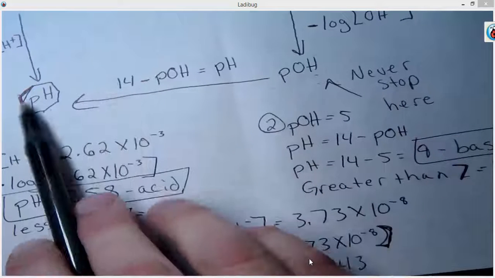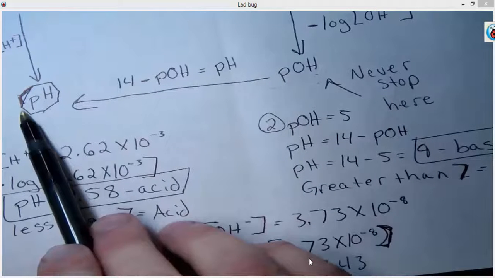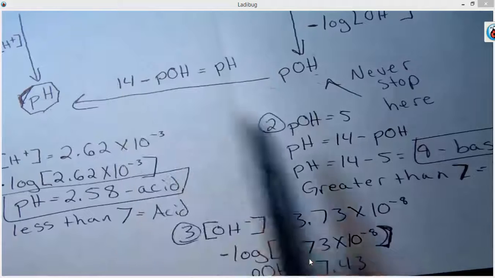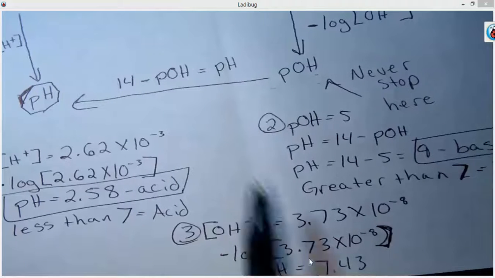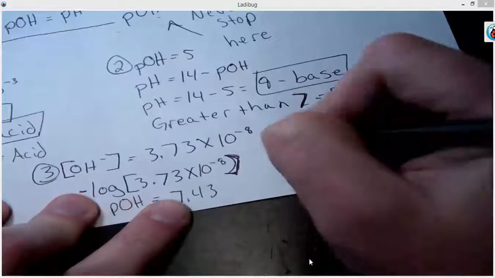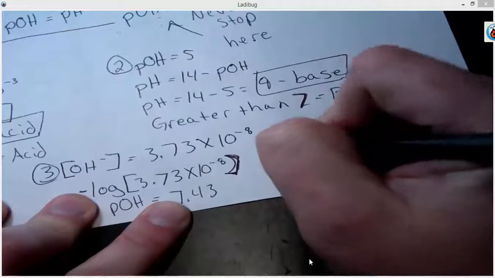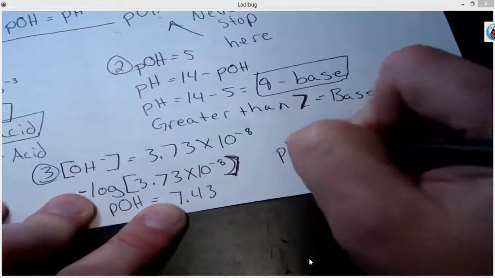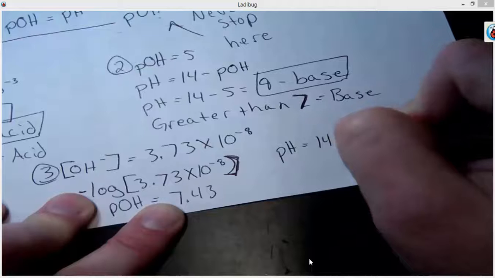We want to keep going till we get to here. So what we're going to do now is take the 14, subtract what we got for the pOH, and that will give us the pH. So pH is equal to 14 minus pOH.